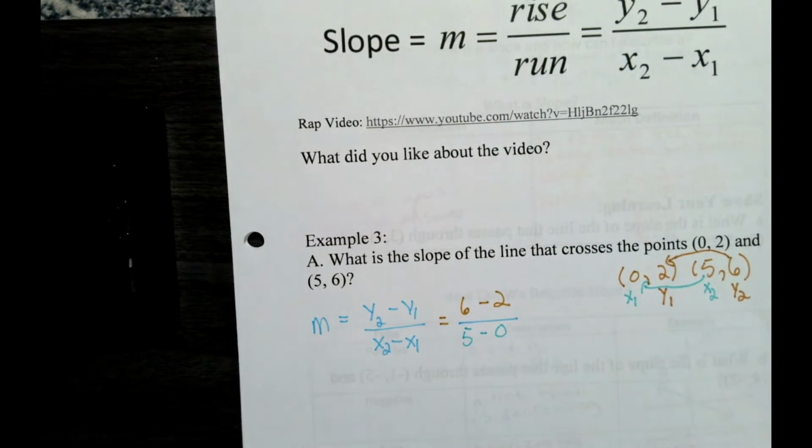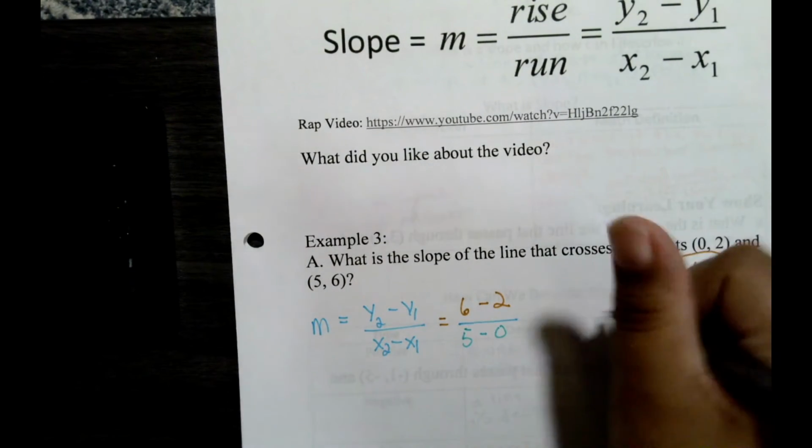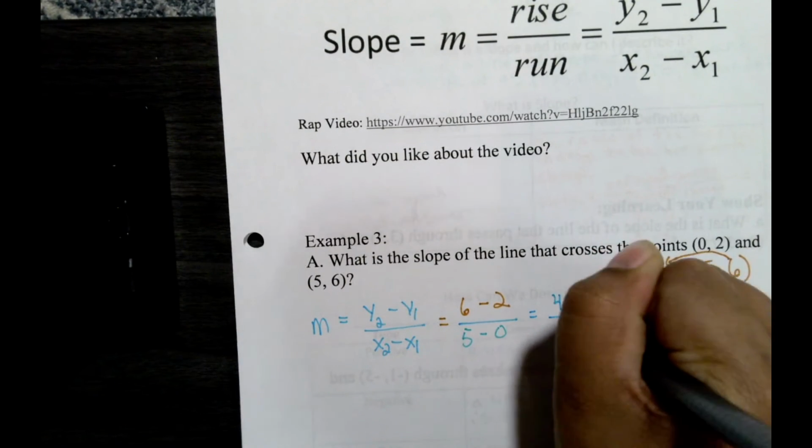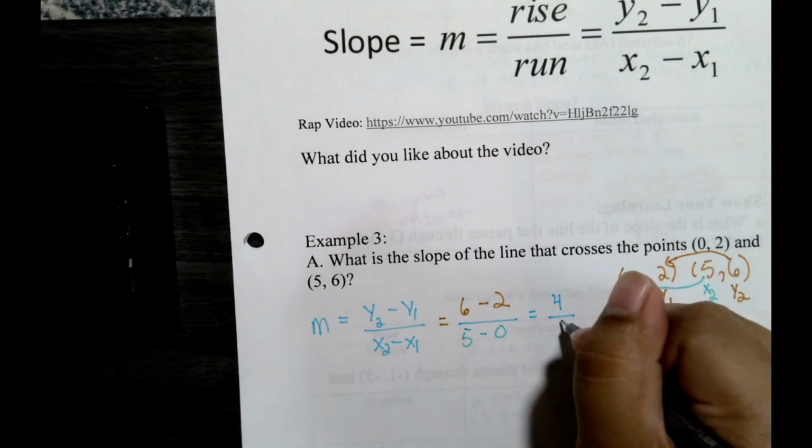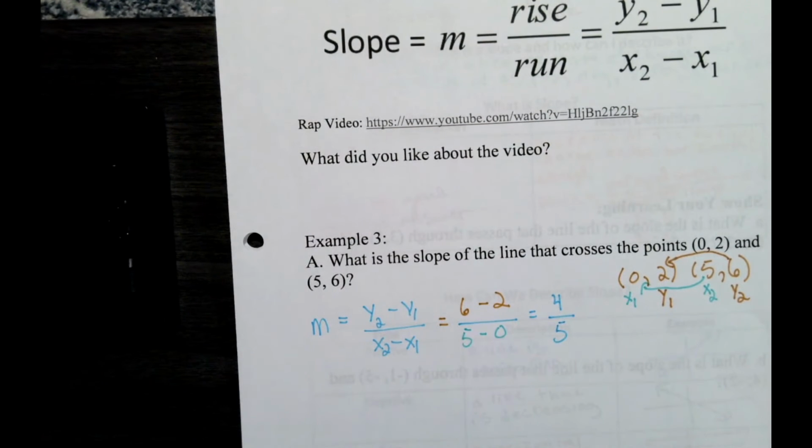Let's go try another one, and we're almost done, I promise. We're given (-1, -2) and (3, 4), and we need to find the slope. So again, I'm going to write down the points: -1, -2, 3, and 4.